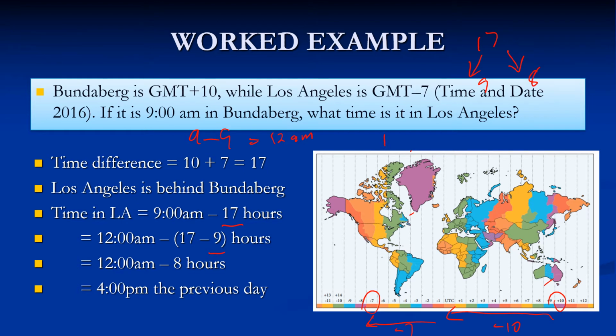So then I can just say 12 a.m. minus 8 hours, and that will get me to 1600. 24 take 8 is 1600, and that's like saying 4 p.m. And that's on the previous day because we are heading west.